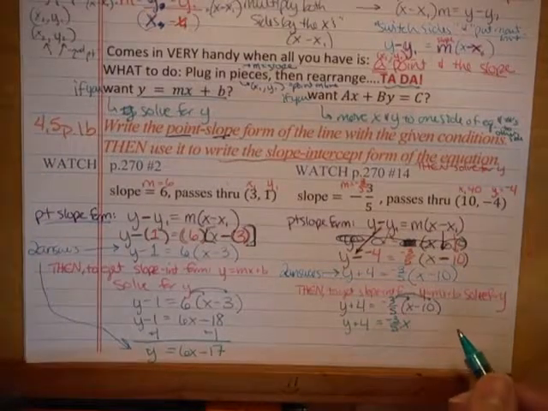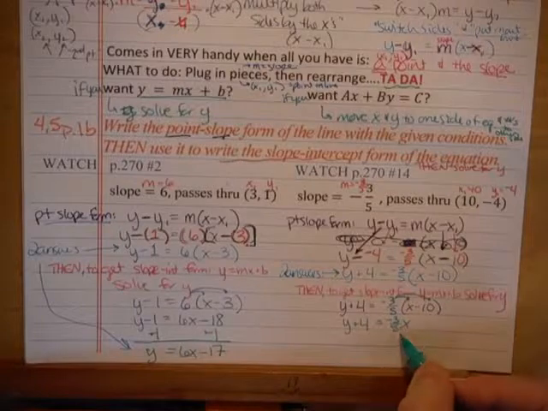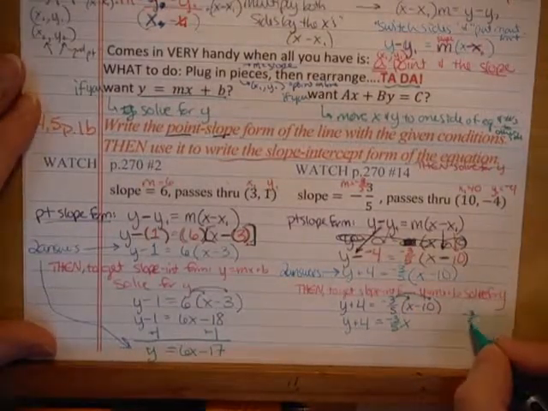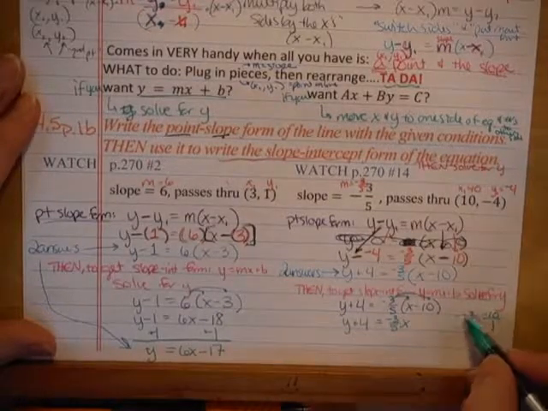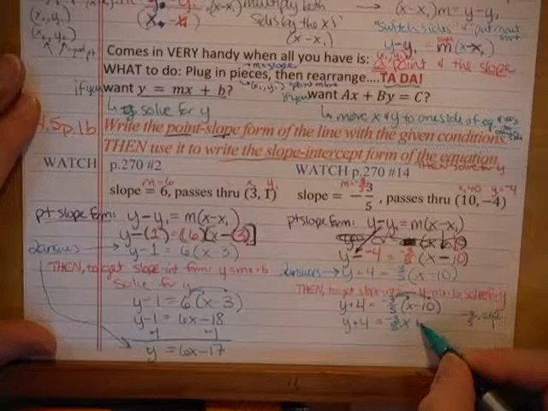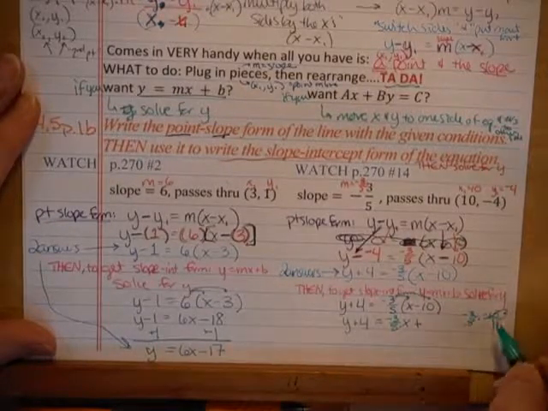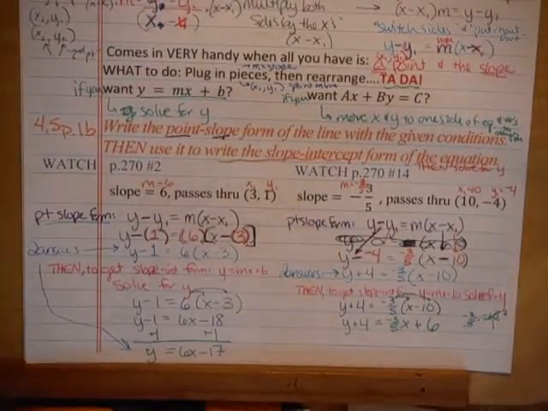Leave it in fraction form because you're going to want that slope look to it, that rise over run. And then -3/5 times a -10, if you need to, do it over here on the side. That's times a -10 over 1. The negative times a negative is going to become a positive. The 5 goes into 10 twice, and I get 3 times 2 over 1, which is just going to be 6.